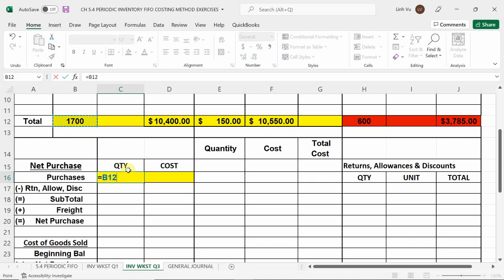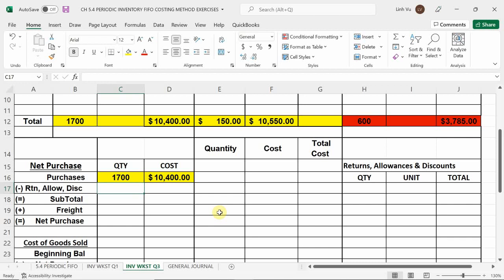We bought 1,700 at a total cost of 10,400. That's with freight. Oh, sorry. Okay. So just purchases, no freight. I don't know why I keep thinking that.